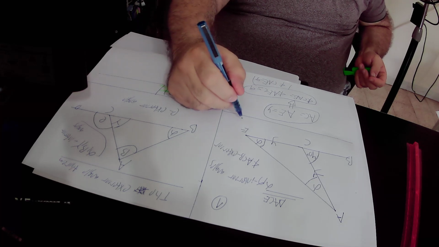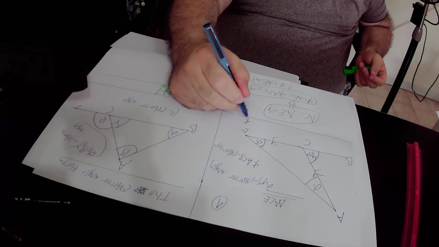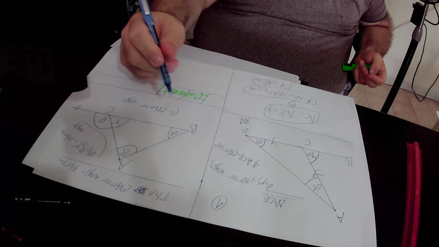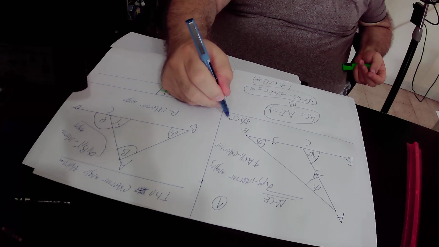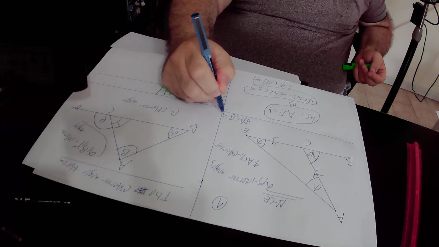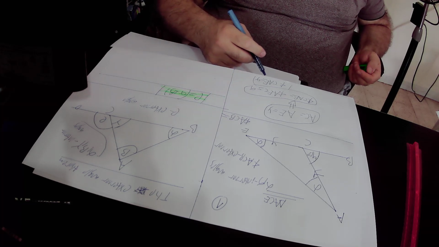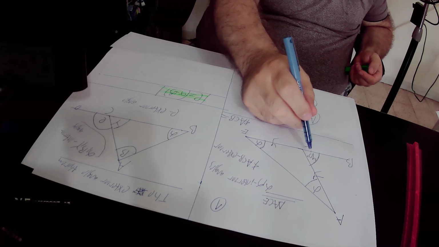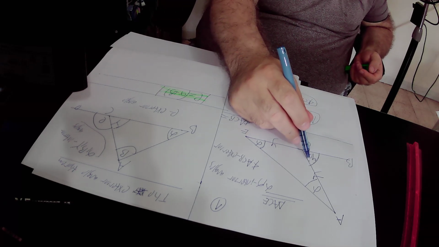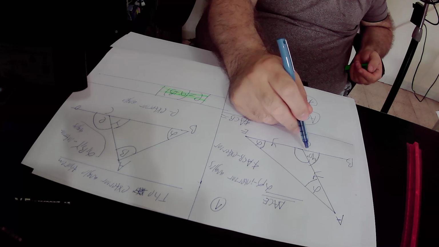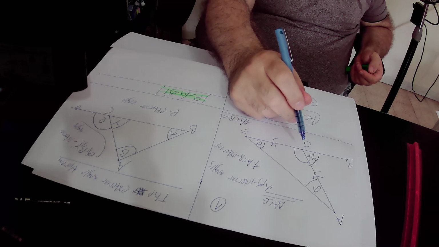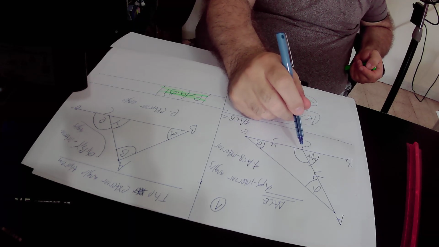The size of the exterior angle ACB, according to the exterior angle theorem, will be equal to the sum of the two interior angles that are not adjacent to it. Here this angle ACE is adjacent to angle ACB, therefore it is not good here.